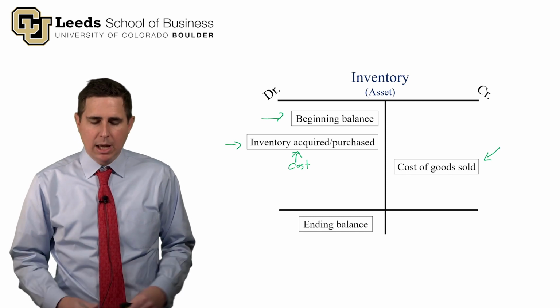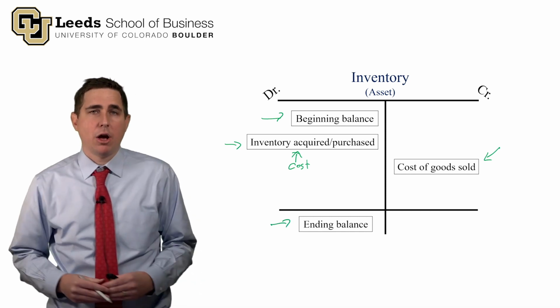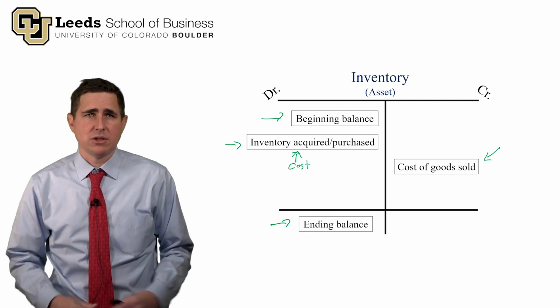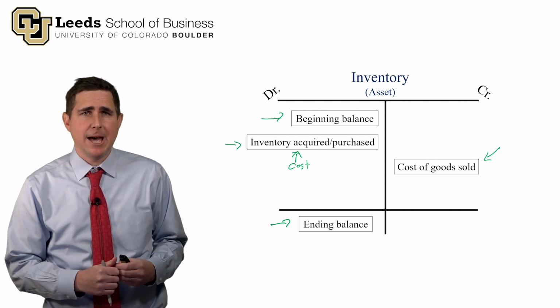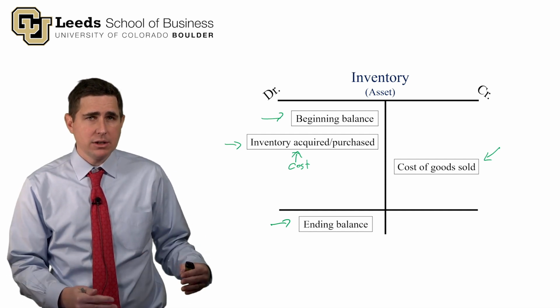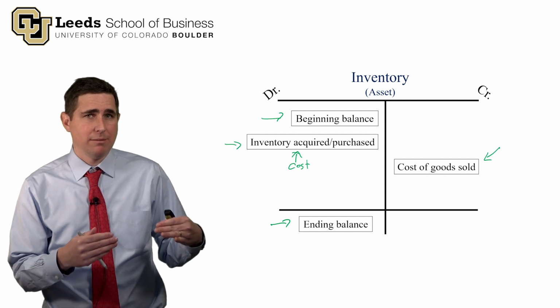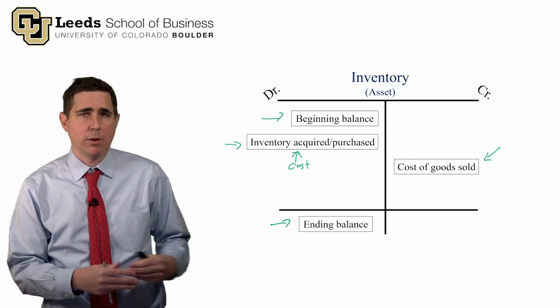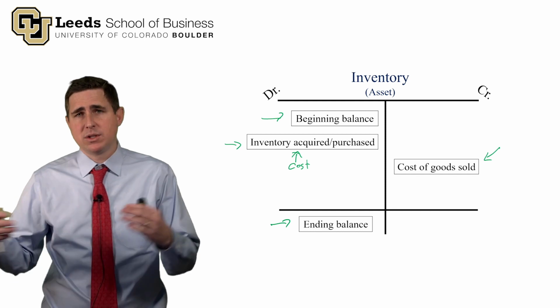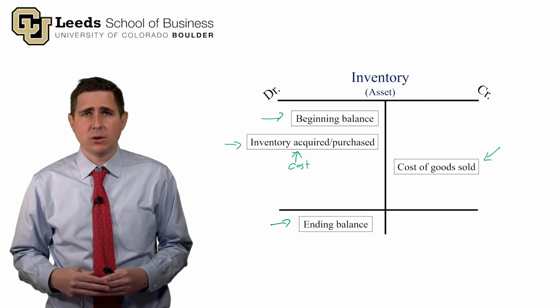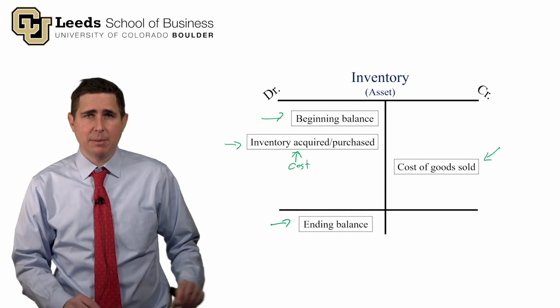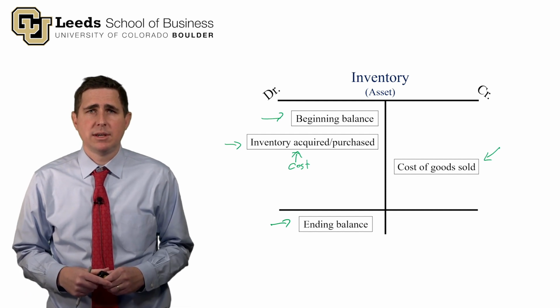Okay, and finally we'll have an ending balance also in the debit side of the T account. So we'll start with a beginning balance on the debit side. We'll add the cost of the inventory that we produced or purchased. We'll subtract the cost of the inventory that we sold, and we'll get to the ending balance as a debit in this inventory T account.